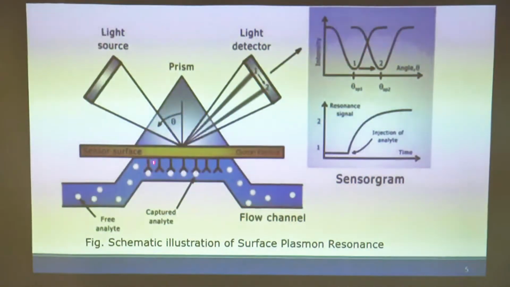Here I have antigen, and I call this the first SPR curve. When I do the injection, I measure the interaction of the protein binding, for example, and I see the displacement of this SPR curve. So that's my idea.